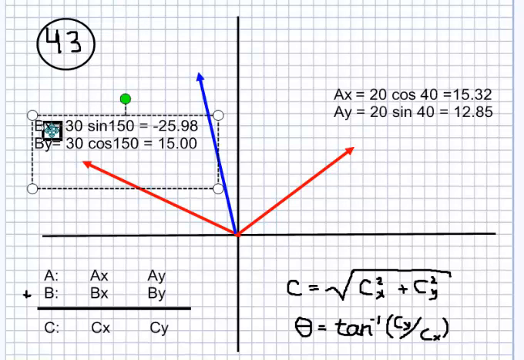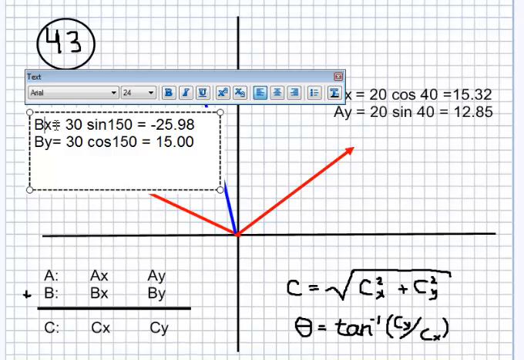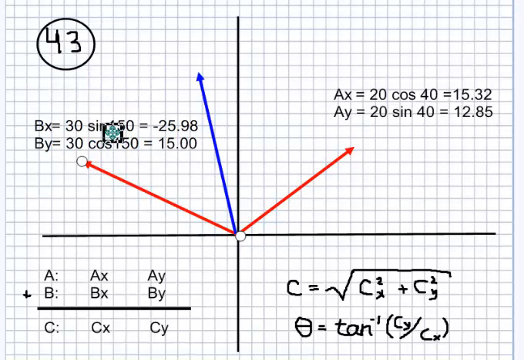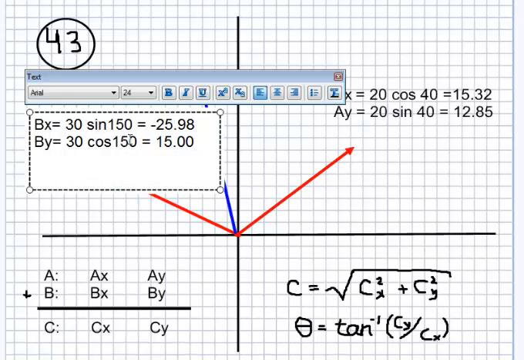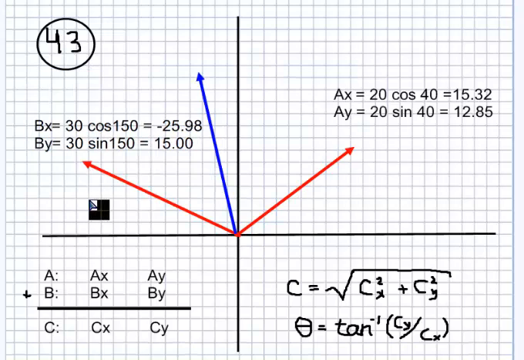Stand by for a second. Bx, By. No, actually that's right. I don't know what I'm worried about. B in the x direction is, oh, I see what I'm worried about. I got my sines and cosines mixed up. So this should be cos for the x direction, and it should be sine for the y direction. Okay, there, we're good to go.